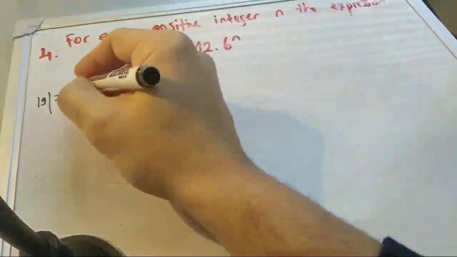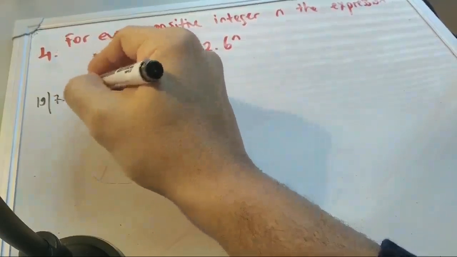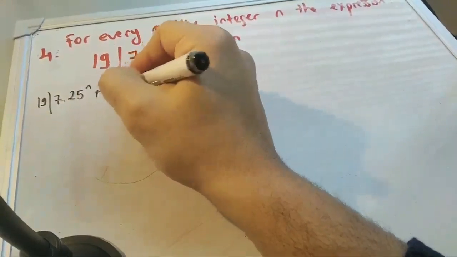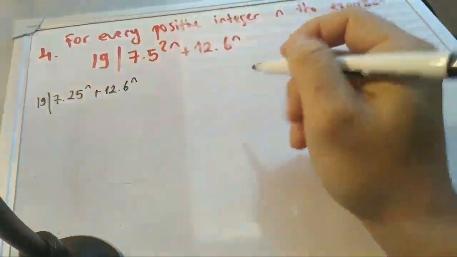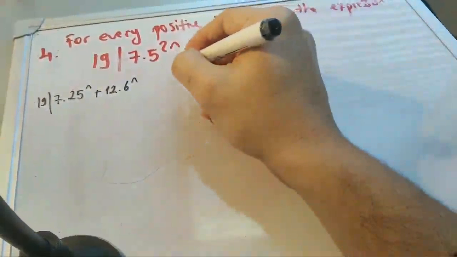19 divides 7 times 5 to the power of 2n, which is 25 to the power of n, right? Plus 12 times 6 to the power of n.